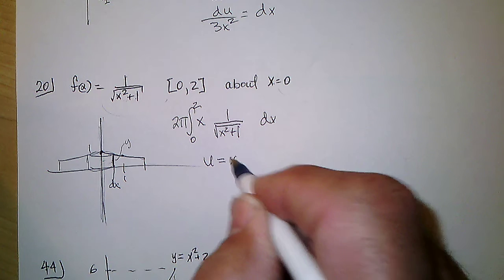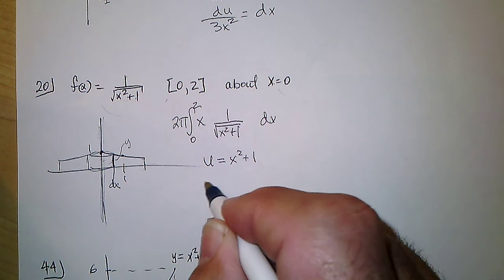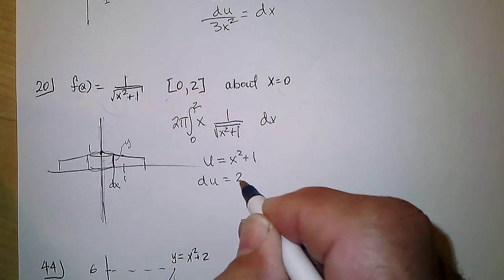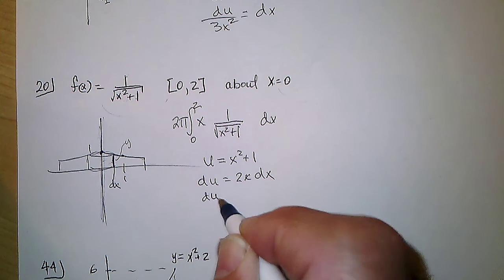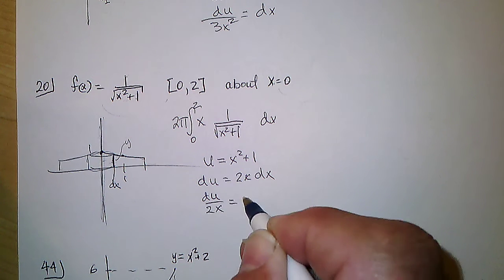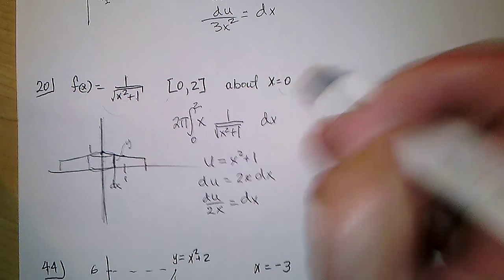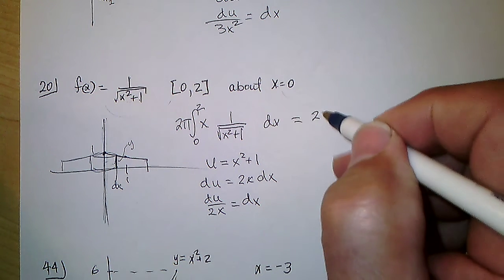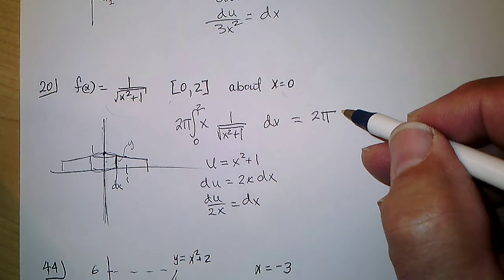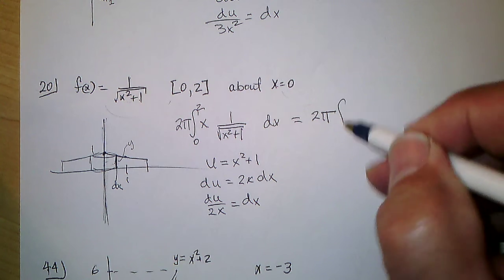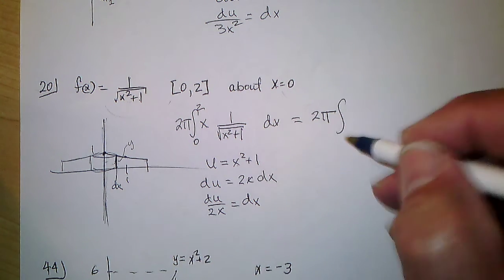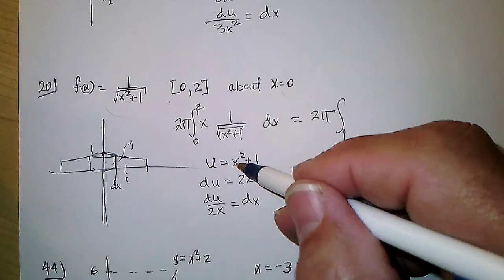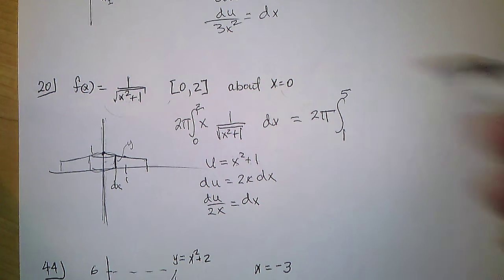Well, this is, again, just a simple substitution. u equals x squared plus 1, du equals 2x dx. We get du over 2x is what we're going to replace dx with. And so we're going to get 2 pi times the integral, and since we're changing variables, 0 in here is 1, and 2 in here is 4 plus 1, 5.